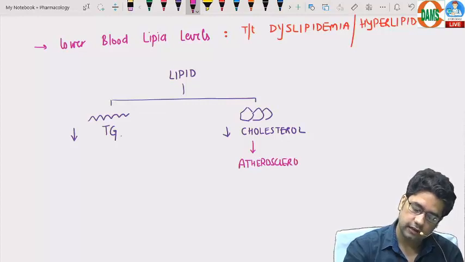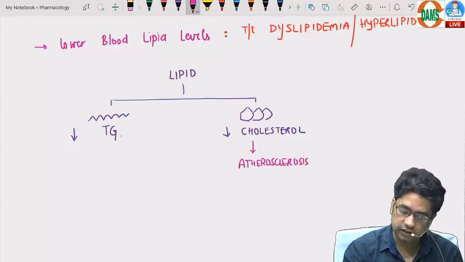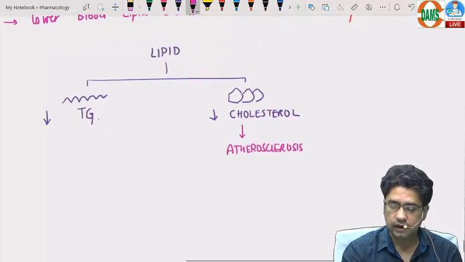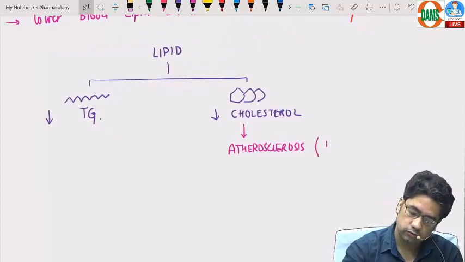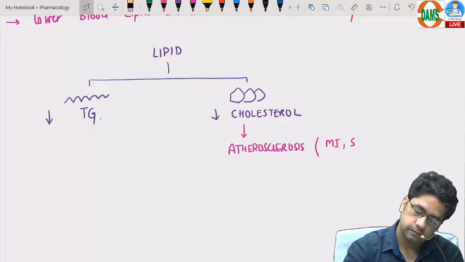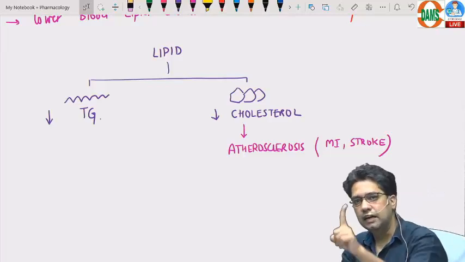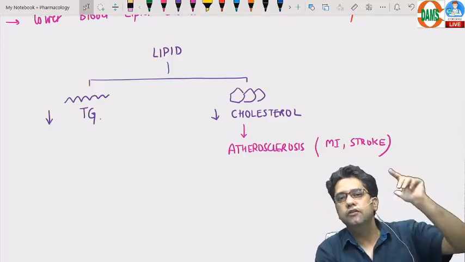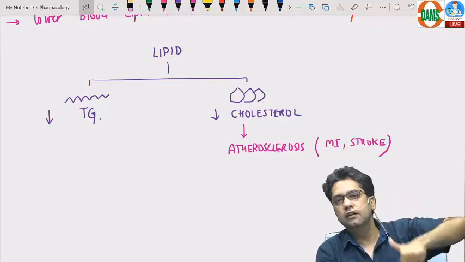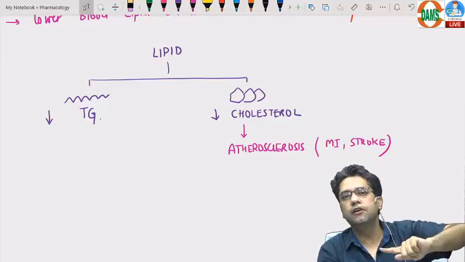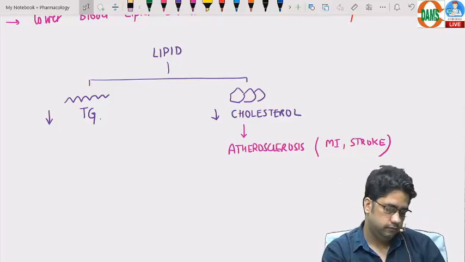And atherosclerosis leads to blockage of blood vessels. And this atherosclerosis leads to MI and stroke. So can we say that hypolipidemic drugs which reduce cholesterol level are used for the treatment of MI and stroke? Yes, very good.